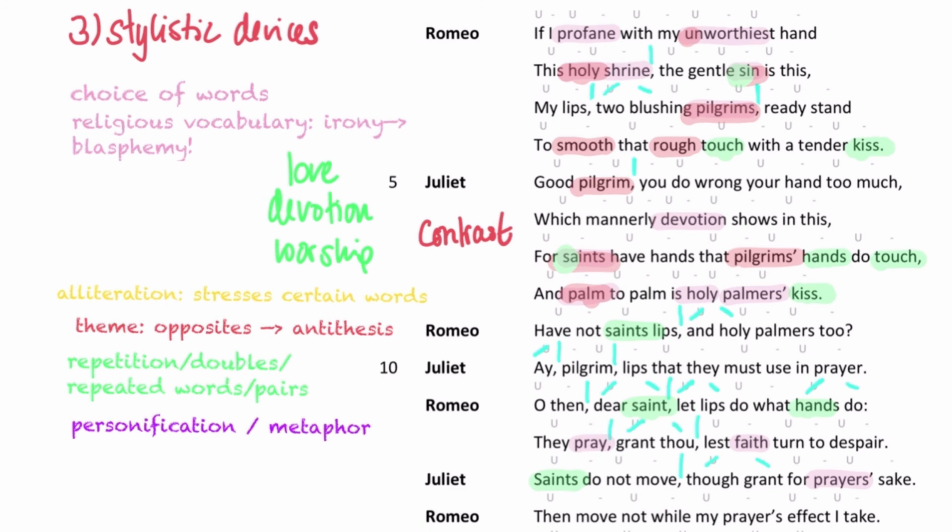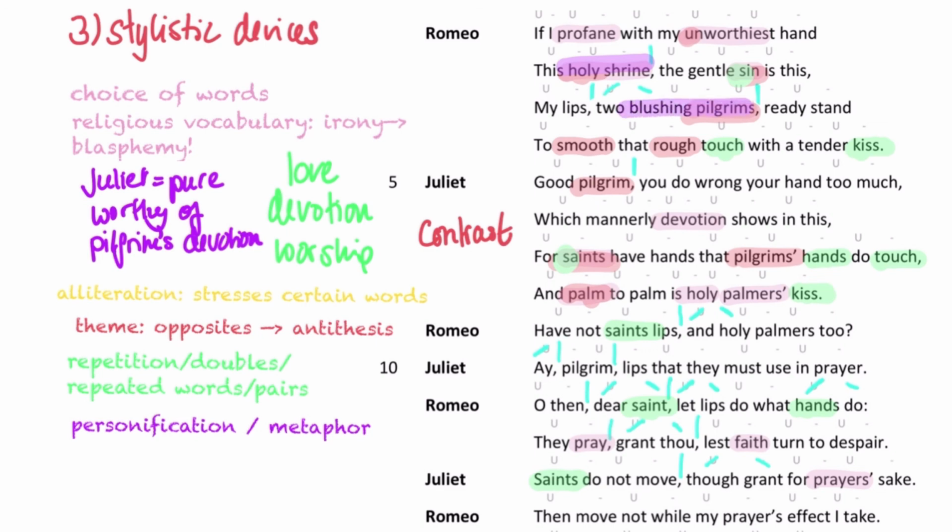So if you're looking at the metaphors that are hidden in this sonnet, you will see that they again highlight what we've already worked out. That is the holy shrine, of course, that is a metaphor, and the blushing pilgrims, which again underlines this contrast between Romeo as the sinner, the pilgrim, and Juliet as the innocent part in this relationship.